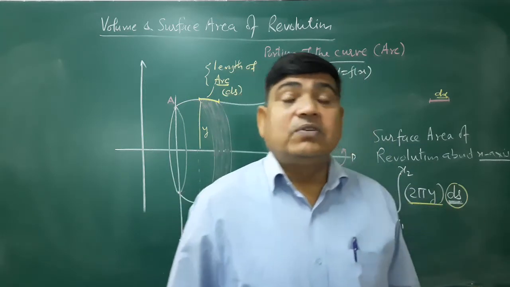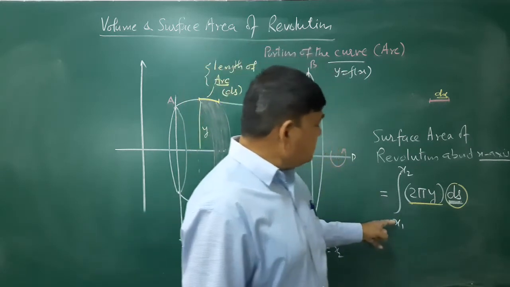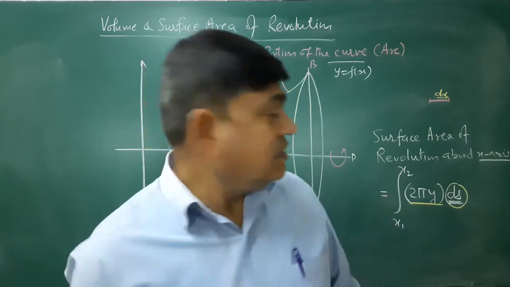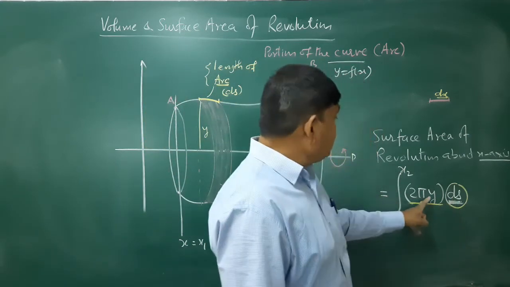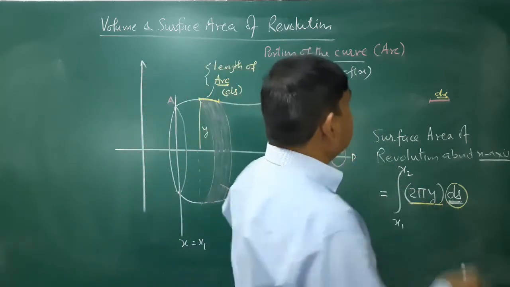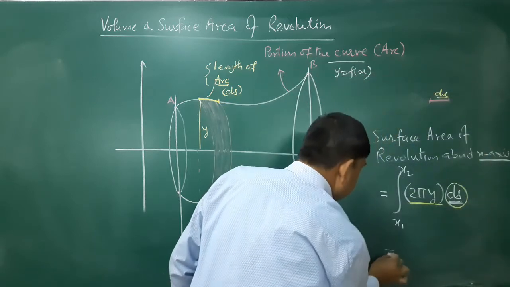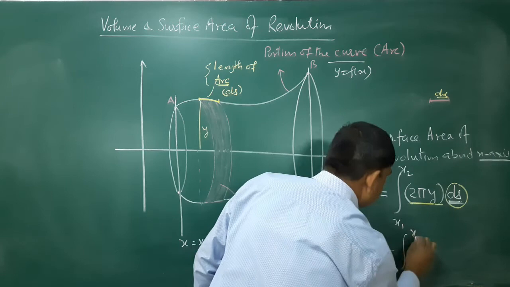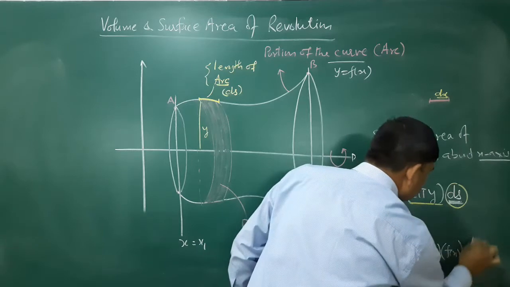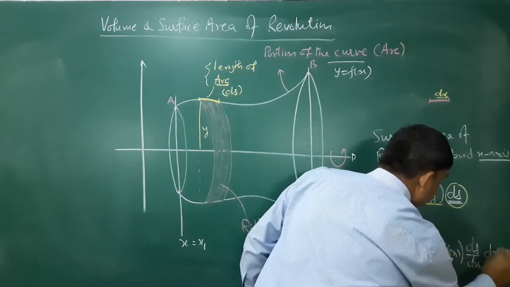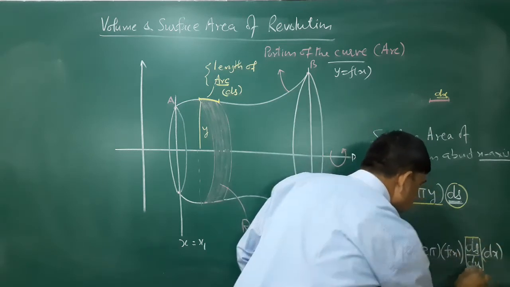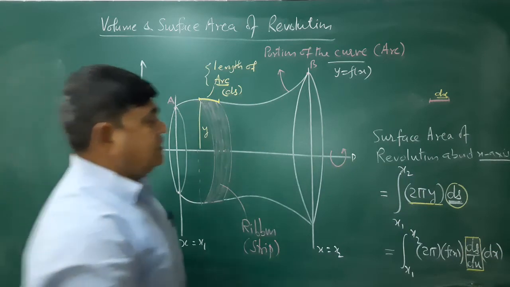Now you remember the calculus. Since the limits are with respect to x, the integration must be in terms of x. So this y can be replaced by f of x, a function of x. Now ds can be written as, x1 to x2, 2 pi, y means f of x, and this is ds by dx.